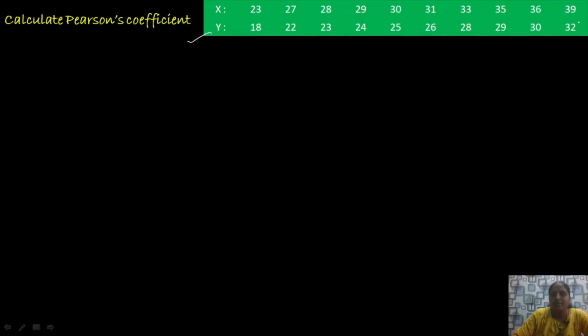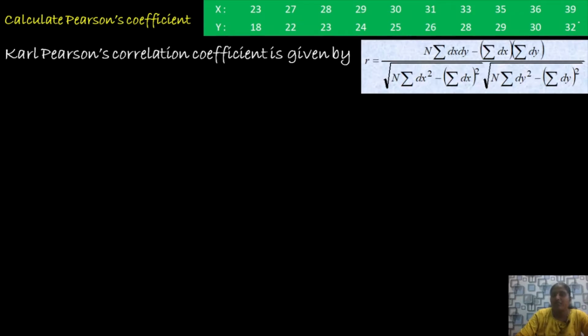To calculate Pearson's coefficient for this case, let me first write down the formula. That is, r is equal to the formula. Since here the values of x and y are large, we make use of this shortcut method to calculate Pearson's coefficient.